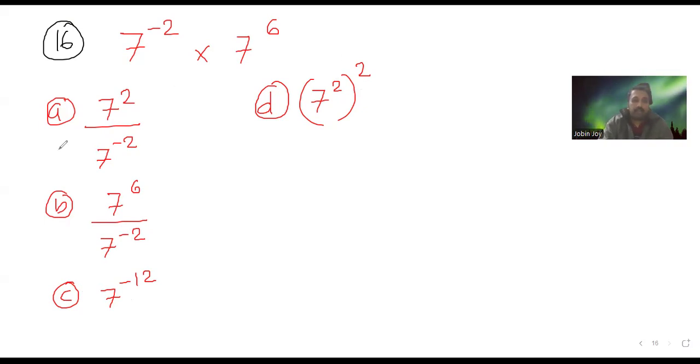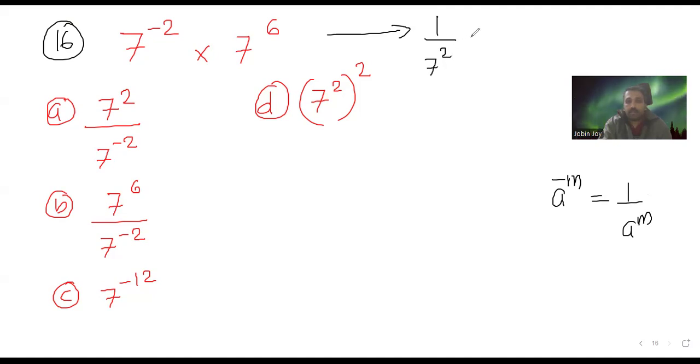First, I am simplifying this one. So 7 raised to minus 2. Again, we know that a raised to minus m equals 1 by a raised to m.